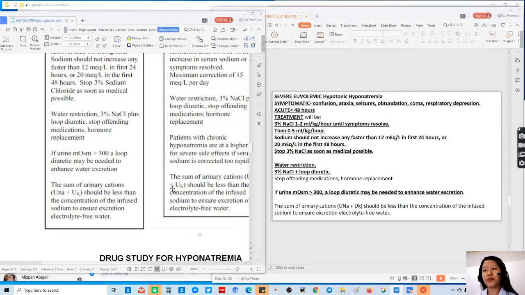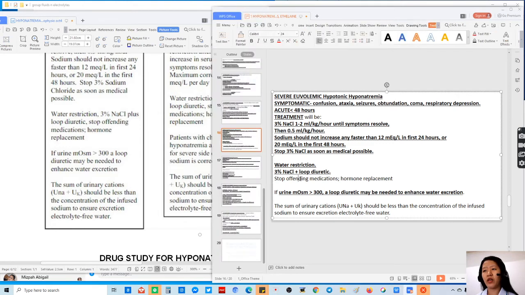If urine milliosmoles is greater than 300, a loop diuretic may be needed to enhance water excretion. So the sum of urinary cations, urine sodium plus urine potassium, should be less than the concentration of the infused sodium to ensure excretion of electrolyte-free water. Okay.